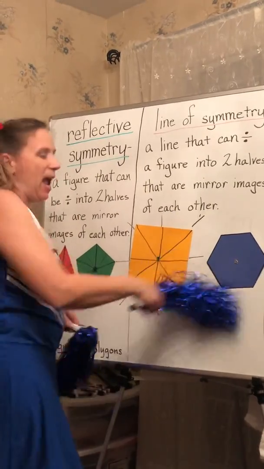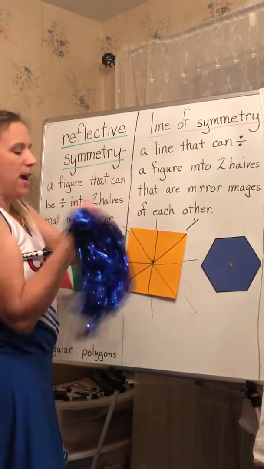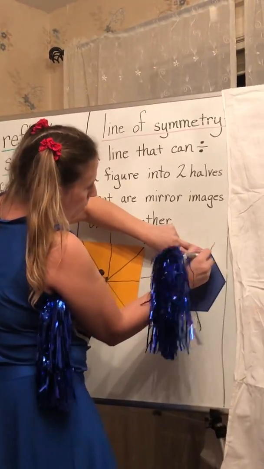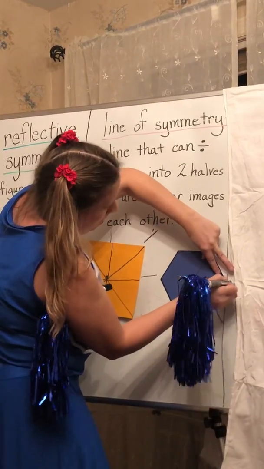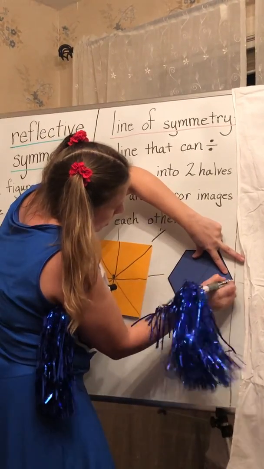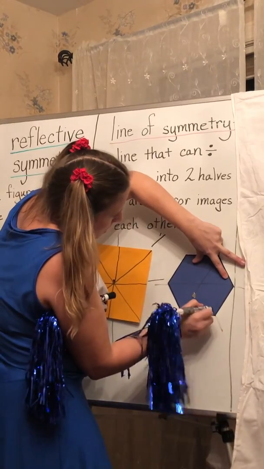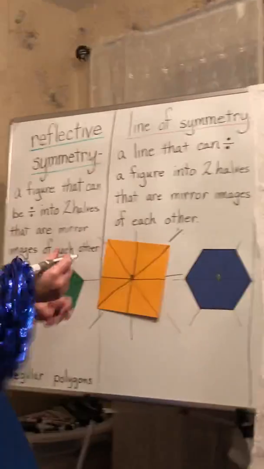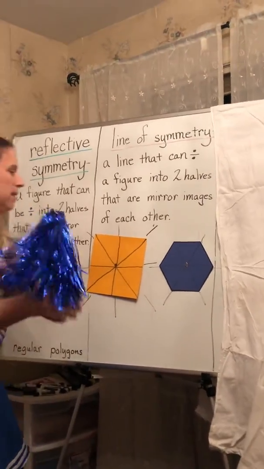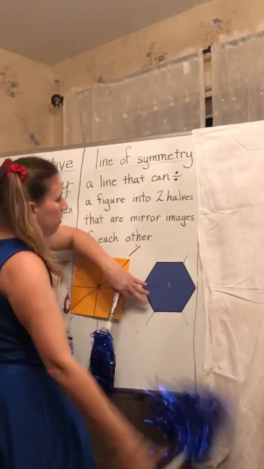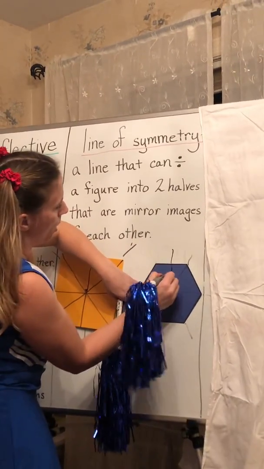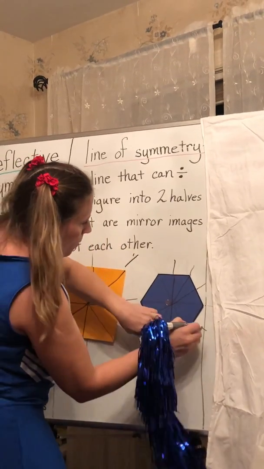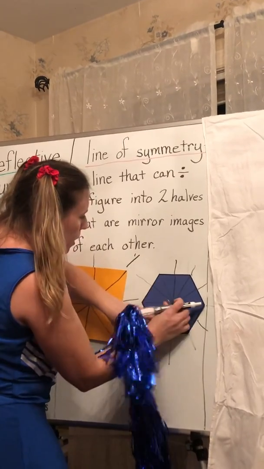Will that work with the hexagon? Let's divide and find out. Draw our line through the vertices. 1, 2, 3. 3 lines through the vertices. How many through the different sides? Let's try. 1, 2, 3 more through the sides.